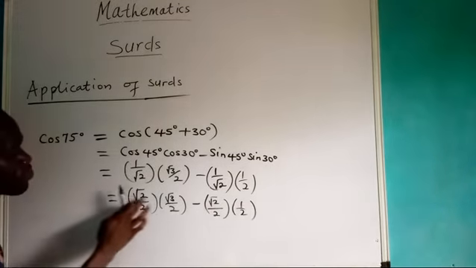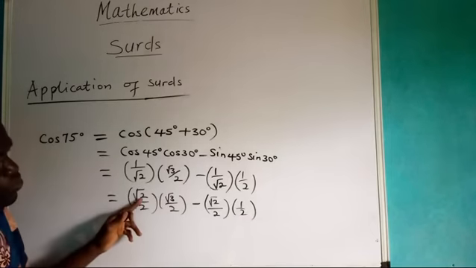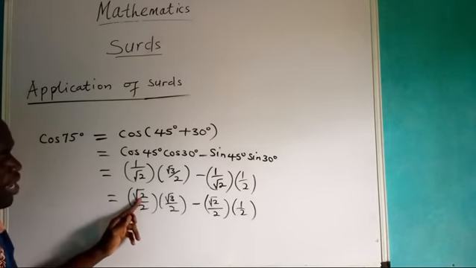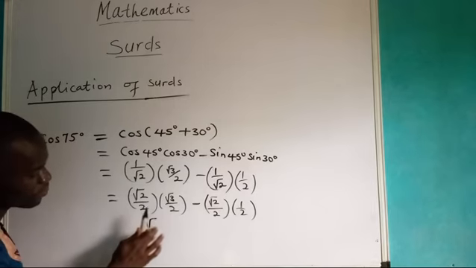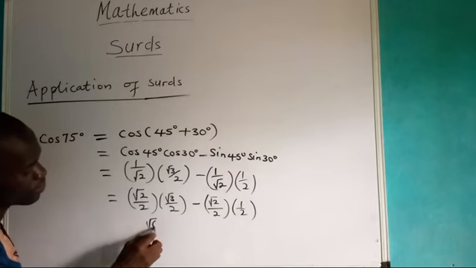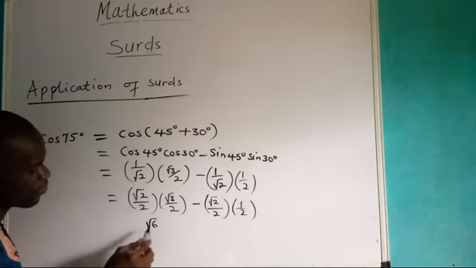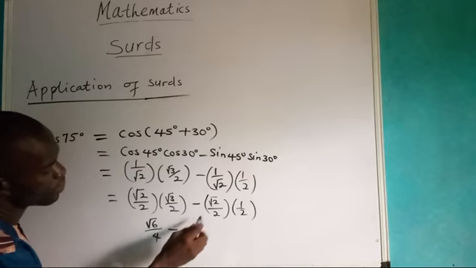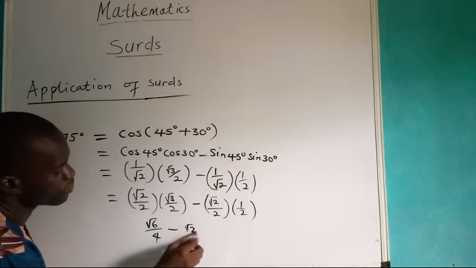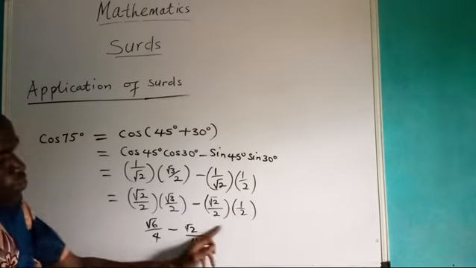For this one, I will have root 3 times root 2, or root 2 times root 3, therefore I will have root 6. Also here I will have root 6. The denominator becomes 2 times 2, which is 4. For this one, 2 times 1 is 2, and when I multiply again, I have 2 times 2, which is 4.